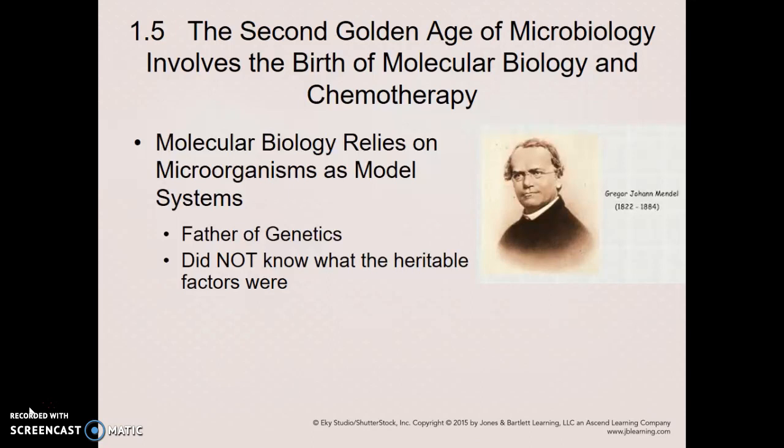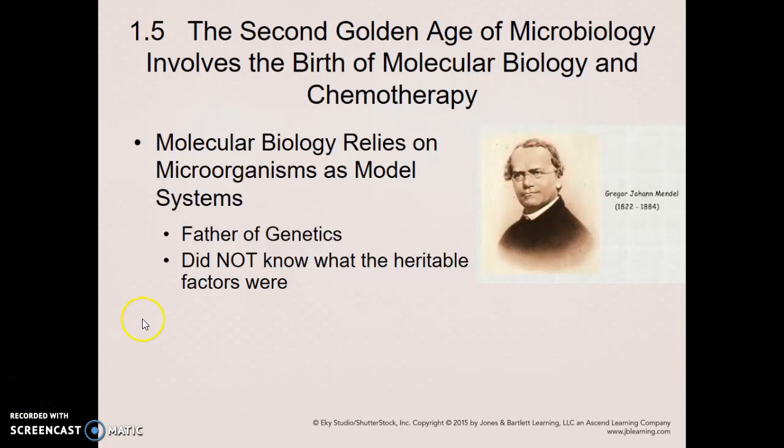And what is it that is passed on from parent to offspring, that is sent from one organism to another? So before we even really knew anything about what was inside of cells and what was being sent from parent to offspring, Gregor Mendel came up with rules that help us understand how we inherit certain genetic characteristics from parents to offspring.